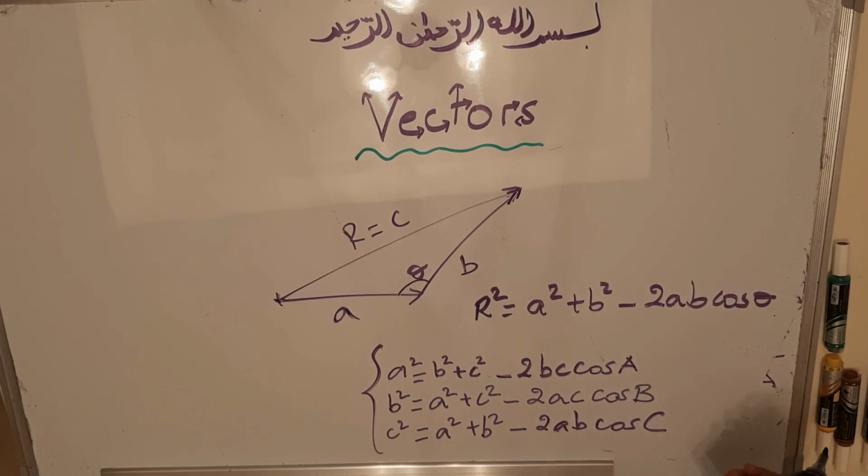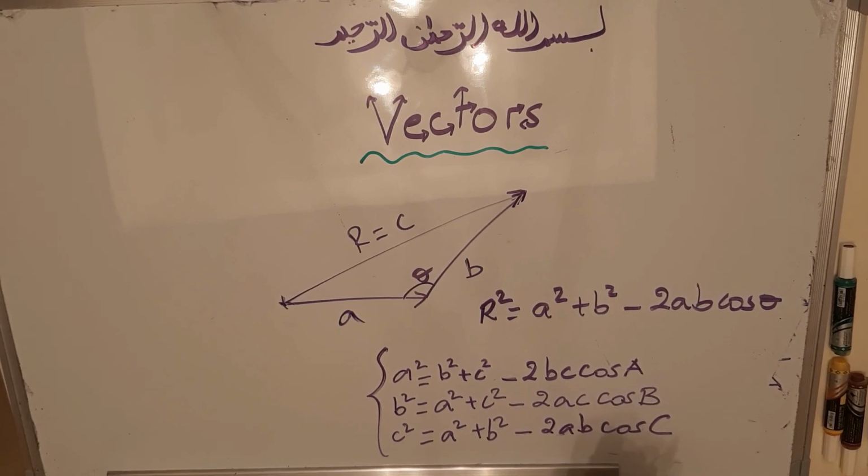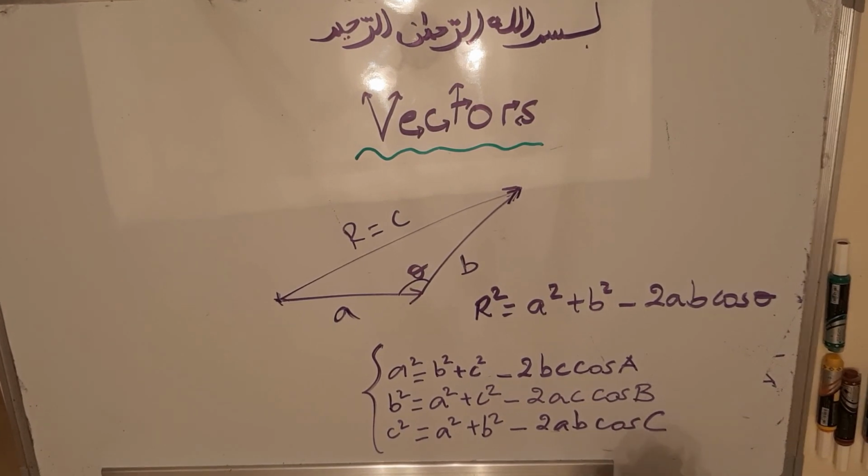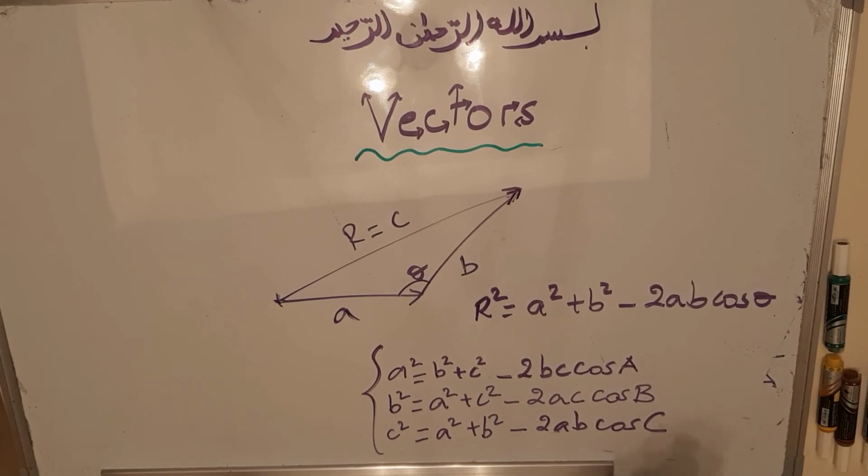You can only add them like you add scalars if they are in the same direction, if the angle between them is 0. If one is going east and the other is going west, we're going to subtract them basically.